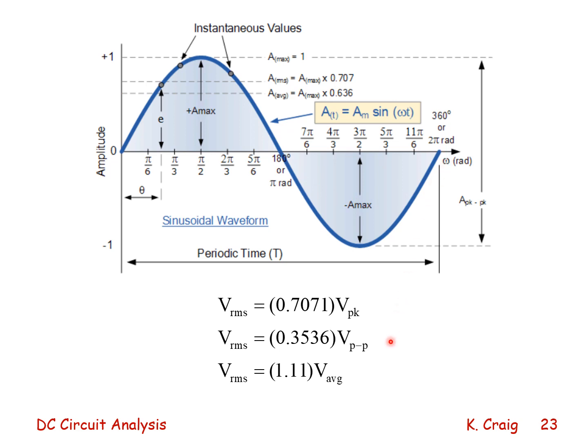And here I summarize that the RMS value is equal to 0.707 of the peak value, or 0.3536 of the peak-to-peak value, or 1.11 of the average value.